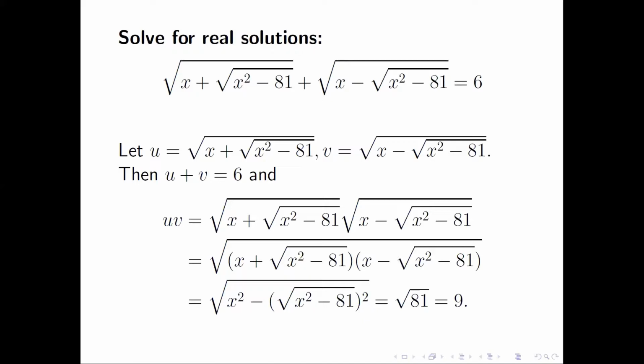Additionally, look at the definition of u and v. Inside the square root is x plus a square root, and in v, x minus a square root. If we multiply them, they can be simplified. Eventually, we have u times v equals 9.